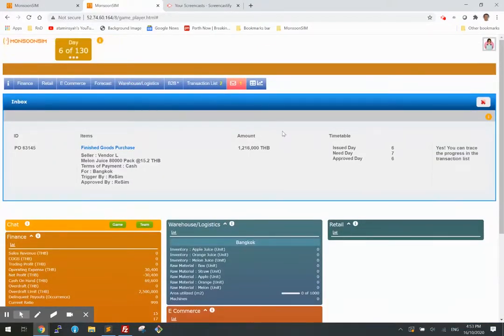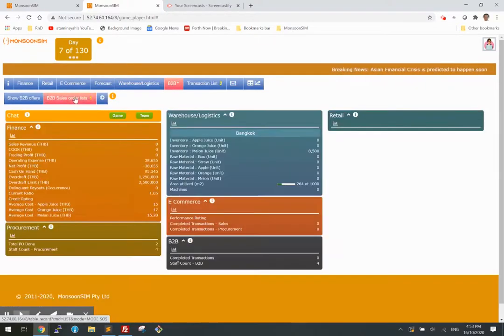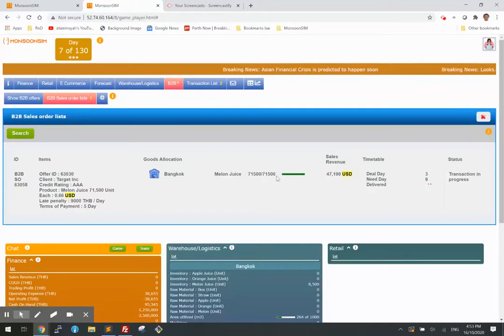Okay, so now I'm waiting for my goods to come in and my sales order to be fulfilled. So good. Looks like the goods have come in and have been allocated 79,500. All good. So now I have shipped it, and let's take a look at what happened to my finance.